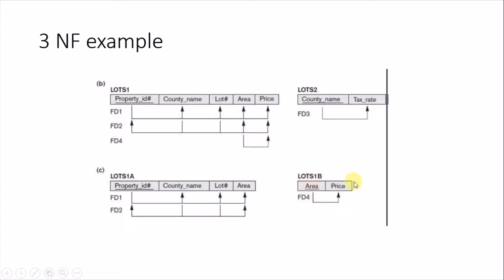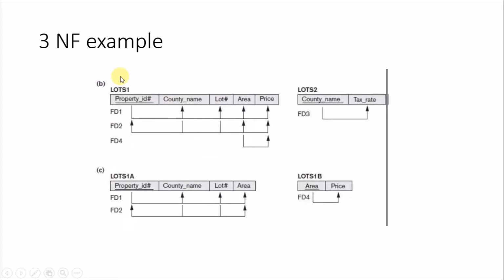And as we go along, we see that when we convert particular relations into 3NF, we lose some functional dependencies in the relation. That is because we are splitting loads 1 into two relations, and we are moving price to the second relation.